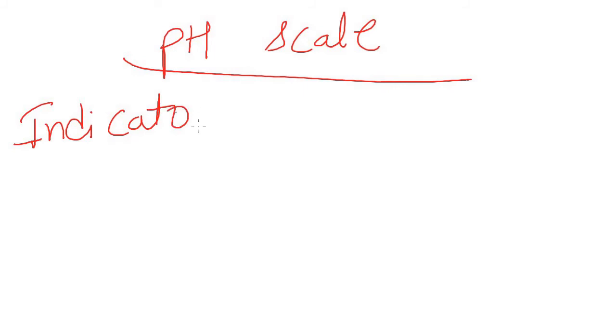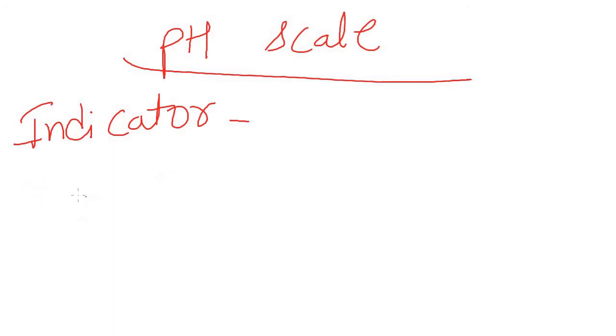An indicator is a substance which shows a different color in the presence of an acid or a base or a neutral substance. So that's the use of an indicator. It indicates whether the substance is acidic or basic or neutral. There are different types of indicators. You can measure pH, basically how acidic or basic it is, by using a... before that, let's discuss the pH scale.